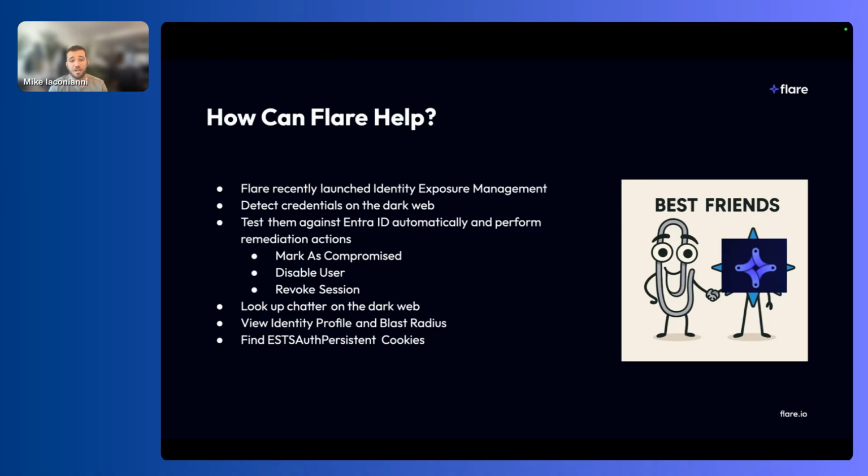We recently launched the Identity Exposure Management module. With this, we are identifying credentials on the dark web that are related to your Entra tenant. We are automatically testing these credentials that we find against Entra to confirm if they are valid or not. And if they are valid, we have 3 different options to help remediate the associated user.